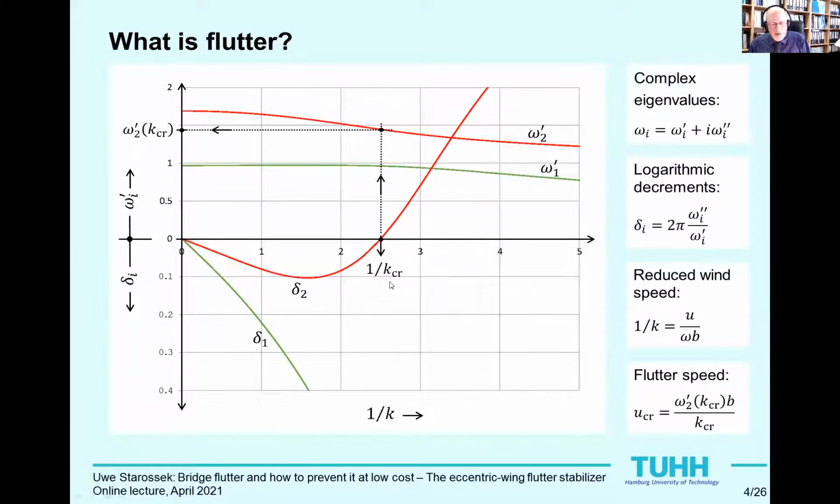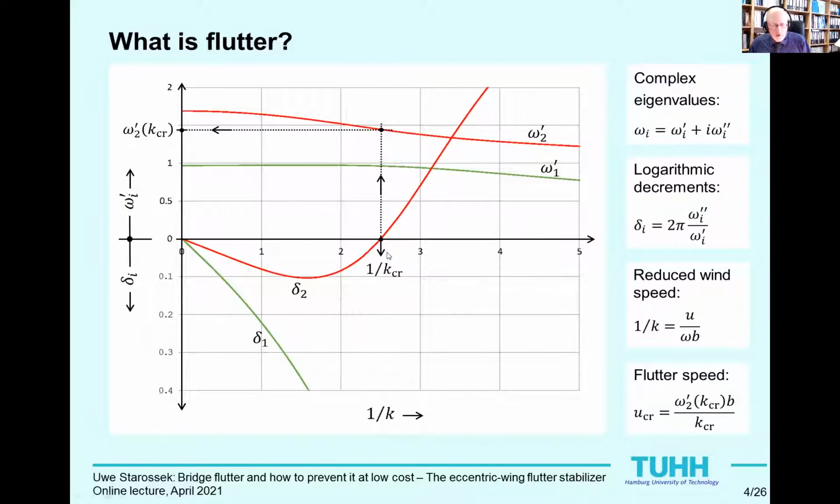This k is called the critical k. For smaller values of 1 over k and wind speed, delta 2 is positive, that is, the vibration is damped and the vibration amplitude becomes smaller and smaller. For larger values of 1 over k and wind speed, delta 2 becomes negative, which corresponds to a divergent vibration in which the amplitude of vibration increases.